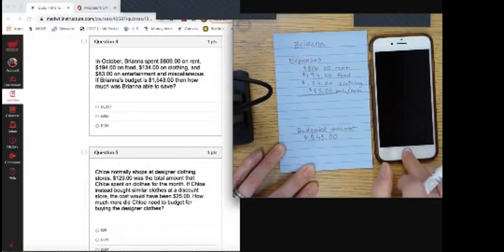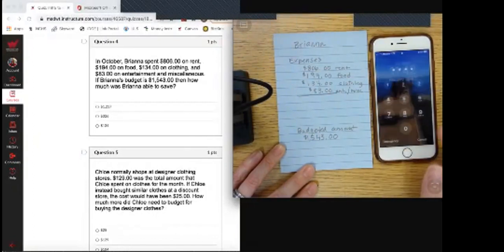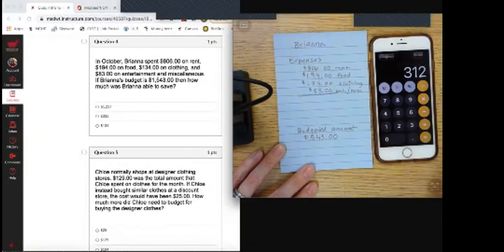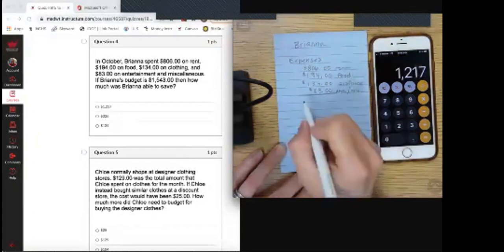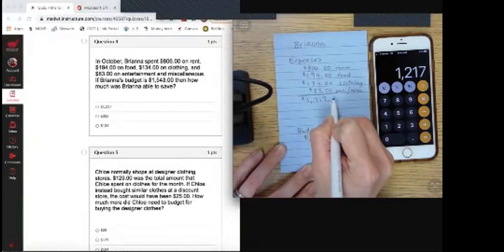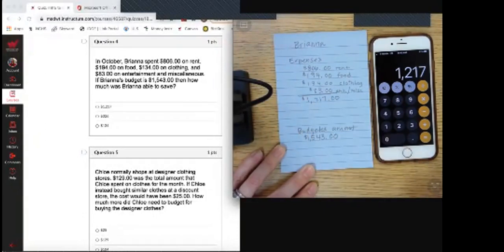So we're going to add all of this up. Okay, we're going to see what her expenses were. So 806 plus 194 plus 134 plus 83 equals $1,217.00. That was her expenses right there.